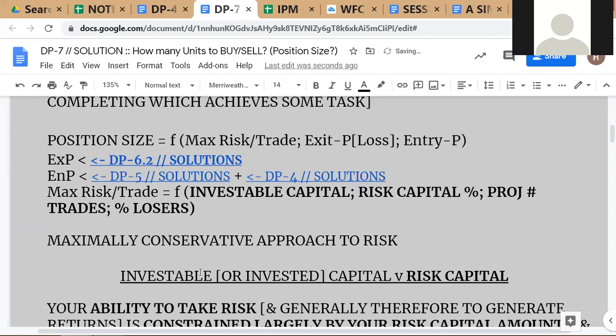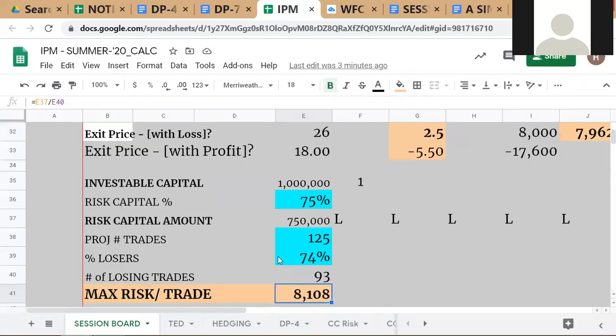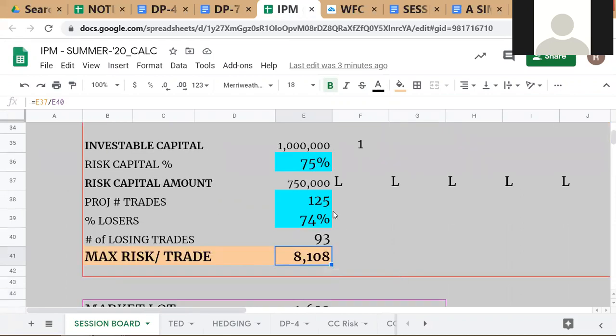Correct. So it's basically, if your assumptions about these figures are correct, okay, the assumption, obviously the reason I'm dividing it to figure out the maximum risk per trade, the logic, first make sure that everybody understands that.